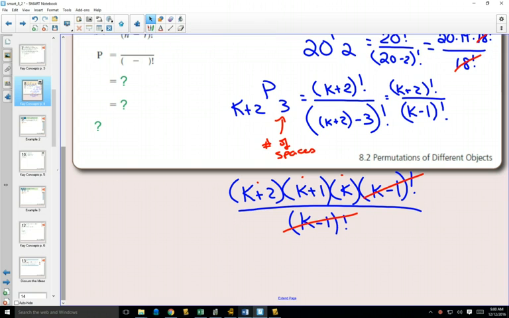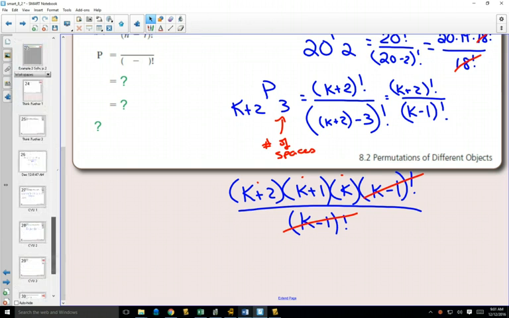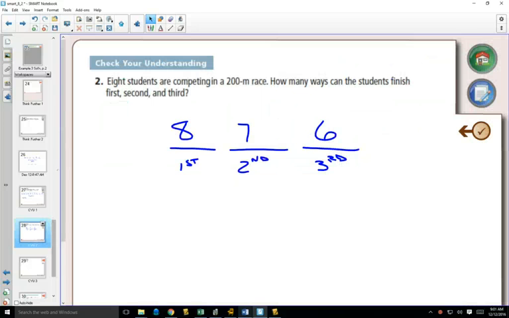What you're going to find, as in our first example that we just did, is that sometimes in multiple choice questions, they're not going to have the answer written like this. They're going to have the answer written like this, because this is equal to 8P3.